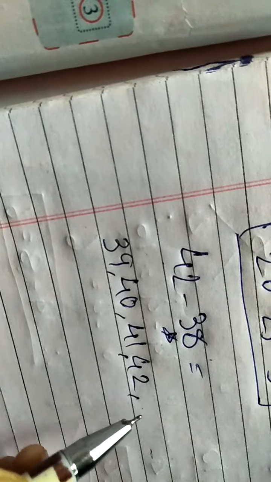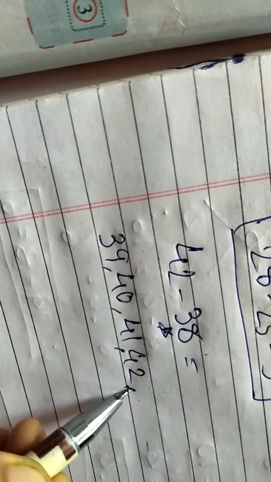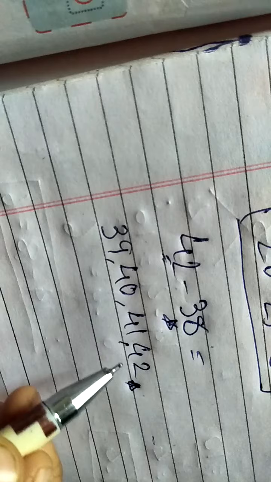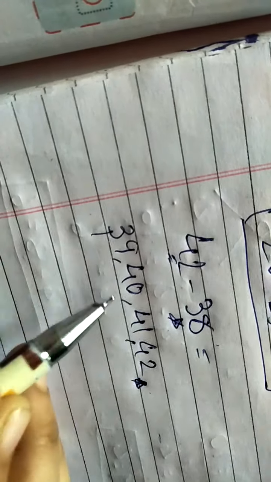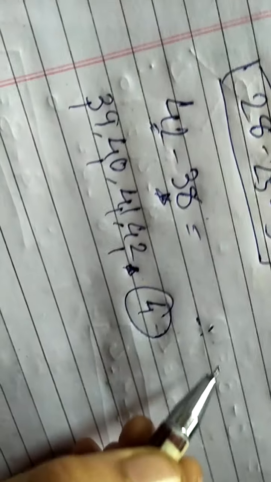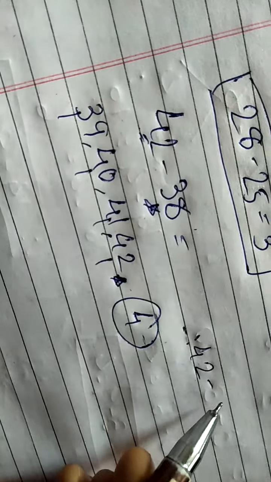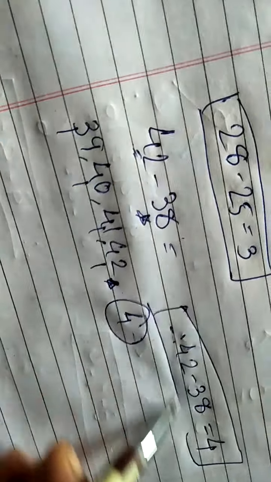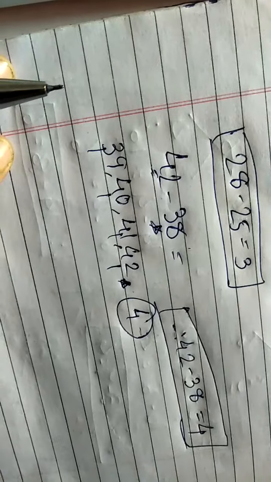No need to write further, because 42 has come and 42 is here, so no need to count further. Now count all these numbers: 1, 2, 3, 4. So all these numbers are 4. So your subtraction answer is 42 minus 38 is equal to 4. And yes, here is your answer.